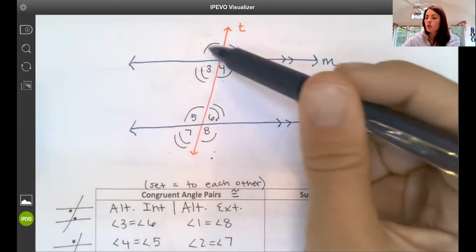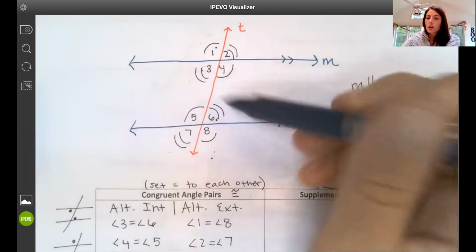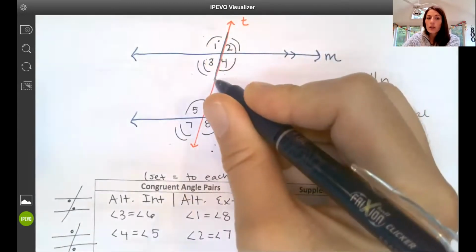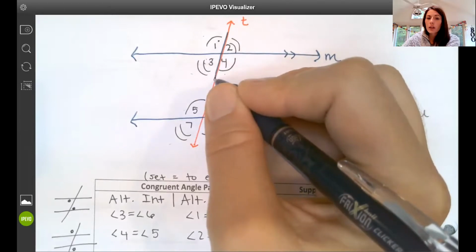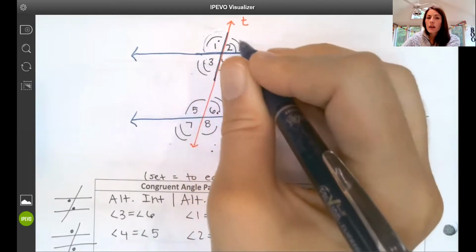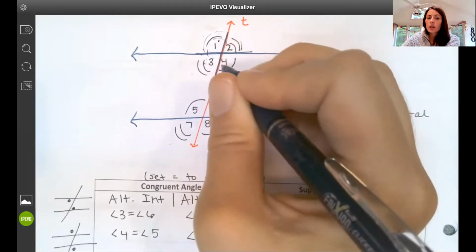These are across from each other. They're not creating a line. But 1 and 3 form a line. 1 and 3 form a line. Or 1 and 2 form a line. Do you see the line formed here and the line formed there?